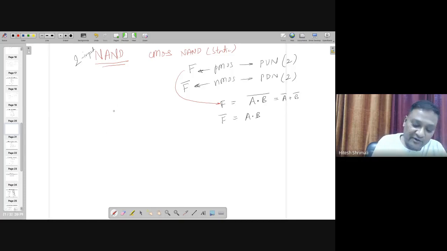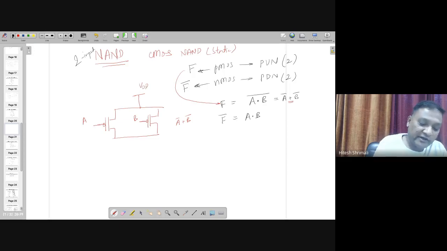When drawing the power up network, because of this logic OR, you need to keep both transistors in parallel, whose inputs are A and B. Because of this bubble, the effective input going inside this is A bar, and for this one is B bar, so it's going to implement A bar or B bar, which is connected to VDD.